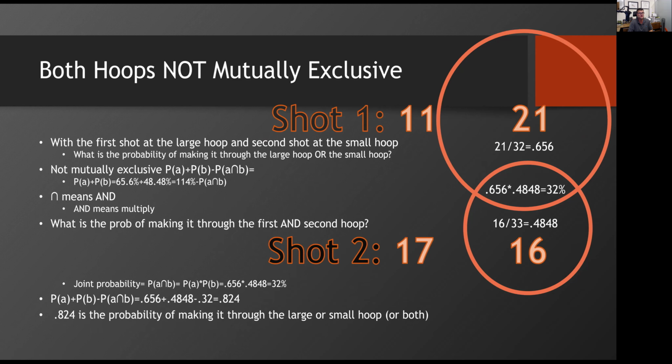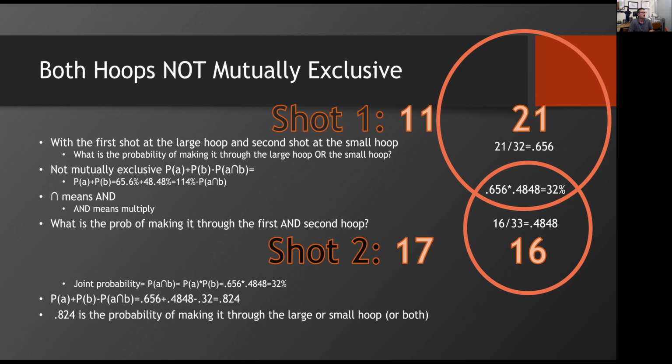Remember the very first shot that the students took, they were shooting at the big hula hoop, and 21 out of 32 students made it through the big hula hoop. And then the second shot that they took, it was 16 out of 33 students made it through the little hula hoop. So that's 48.48%, and then also 65.6%.